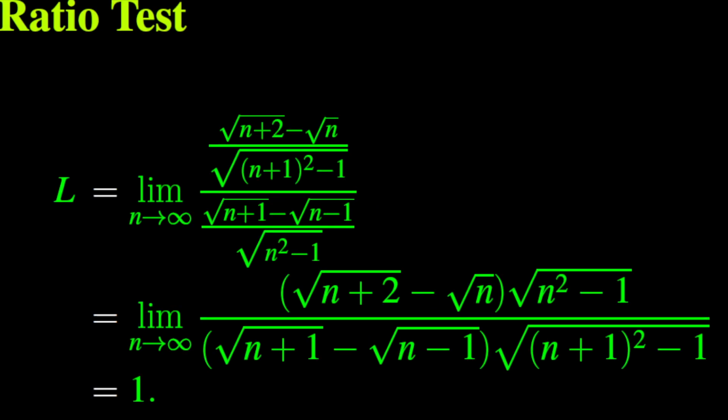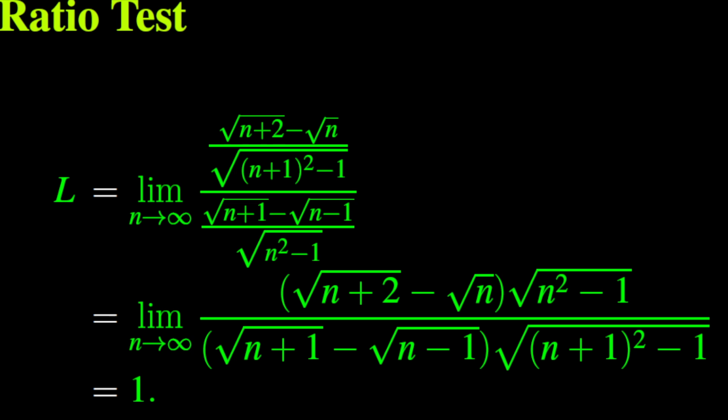When simplifying the previous expression, we have L equals the limit as n goes to infinity of the fraction, the square root of n plus 2, minus the square root of n, divided by the square root of n plus 1, minus the square root of n minus 1, times the fraction, the square root of n squared minus 1, divided by the square root of n plus 1 squared minus 1.